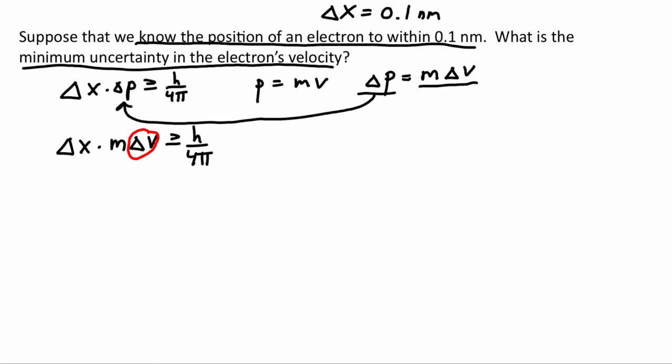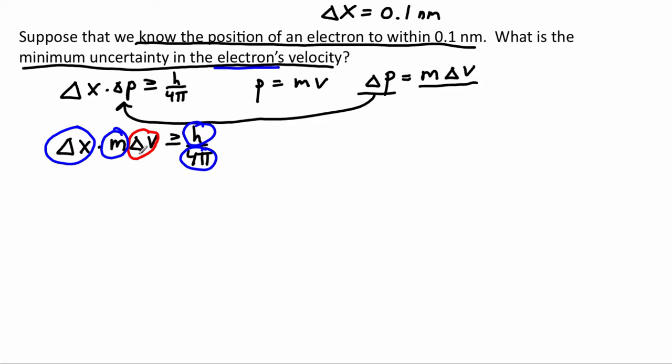Are there any knowns? Well, we were given the uncertainty in position right here, so we can circle that. Are we given the mass of an electron? Well, we could look on the equation sheet for that, because we're talking about an electron. And Planck's constant's always given on an equation sheet, and of course we know what pi is. So there's really only one unknown. So we want to solve for that unknown.